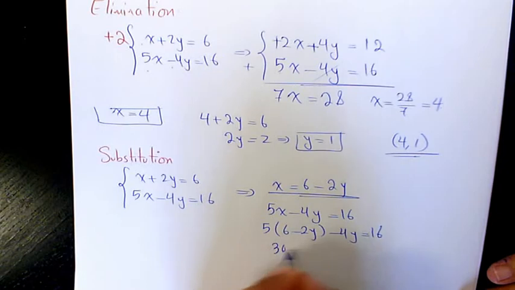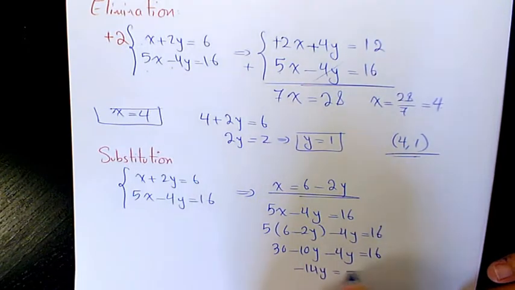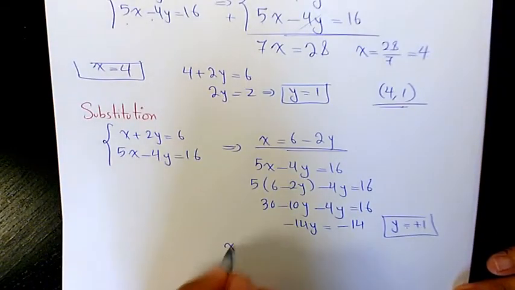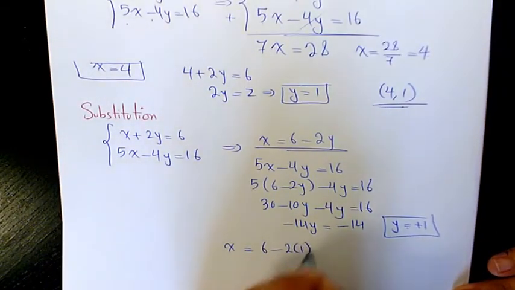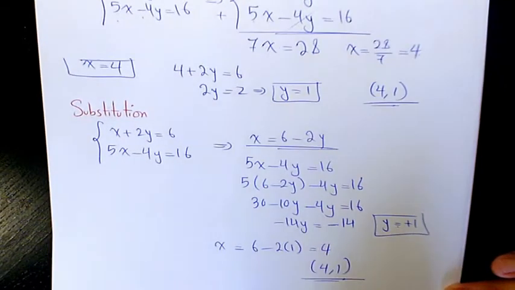So it's going to be 30 minus 10y minus 4y equals 16. So we have negative 14y equals negative 14. Y will be positive 1. Then you sub it there. X equals 6 minus 2 times 1. That's going to be 4. So we have 4 and 1. That's the point of intersection.